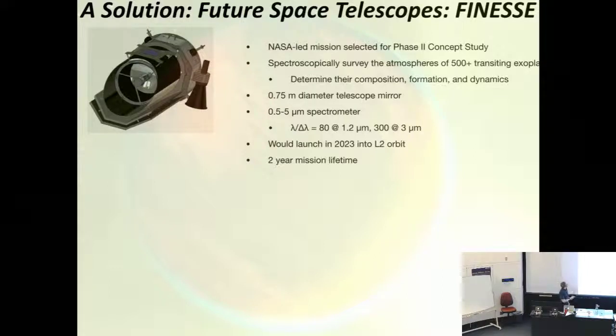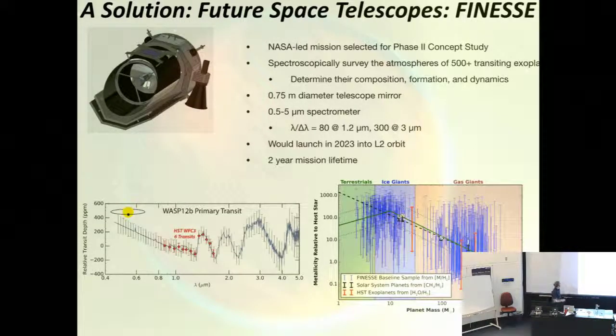It has a 2-year mission lifetime, and the basic idea is that it's going to observe with this kind of fidelity from about 0.4 to 5 microns, so nice wavelength coverage over this range. We'll be able to say something about possible hazes in these atmospheres. We'll be able to measure the inventory of carbon molecules. I know these error bars on what we might get out of the metallicity are terrible, but we're going to have maybe 500 to 1,000 objects compared to maybe less than 100 objects with James Webb.